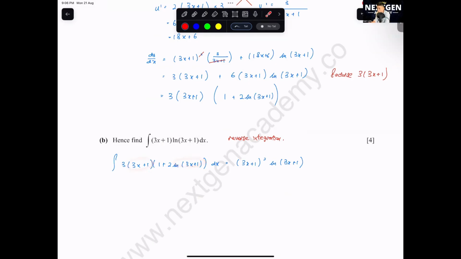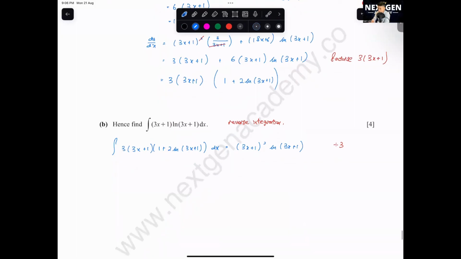So you slowly go and open it up. I will take away this 3 first because this 3 is not necessary on the left-hand side. So my first step, I will divide the whole thing by 3 first, so that the 3 goes to the right-hand side. Then I am also going to open up the bracket here, this one multiplied with this and this.